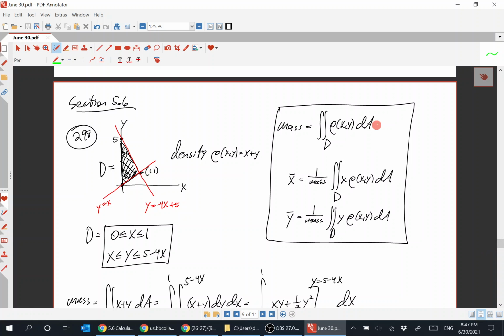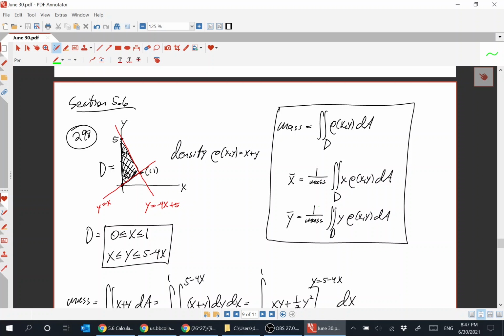X bar is 1 over the mass times the double integral of x times density. Total moments over total mass. And integration, of course, is the sum. So the sum of the total moments over the total mass, and the sum of the total y moments over the total mass for y bar.